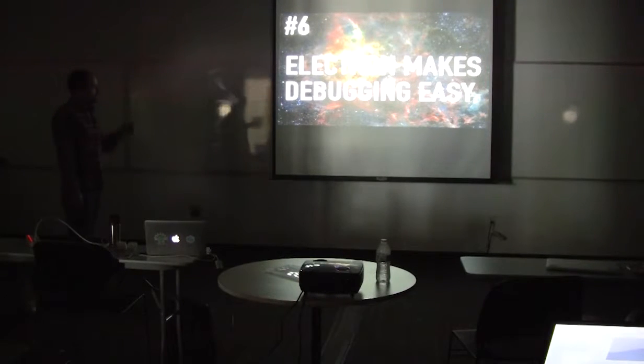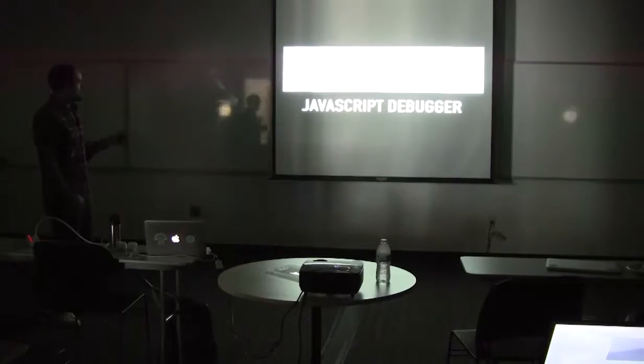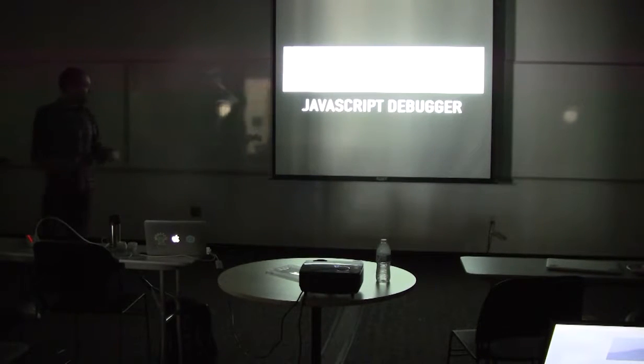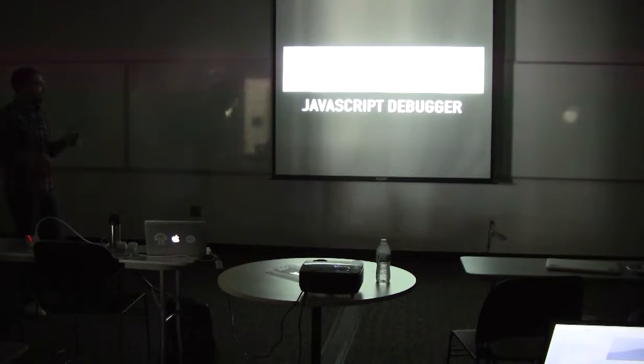The big piece, touching on that, is that Electron also makes debugging easy. Since it's Chrome, it has full access to the Chromium DevTools that hopefully everyone has seen at some point. If you run Command-Alt-I in Chrome, it'll pop open this amazing panel that allows you to completely inspect your app and see everything it did, all the resources it loaded, how long the network connections took, all the styles that were loaded, all the event listeners.